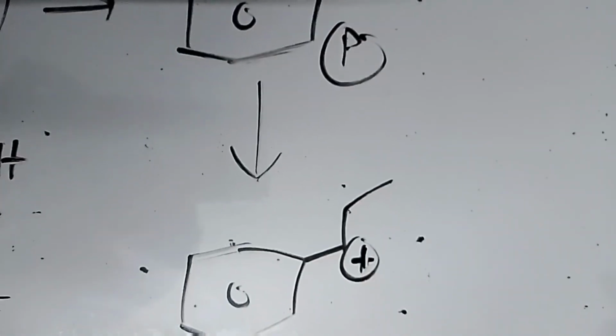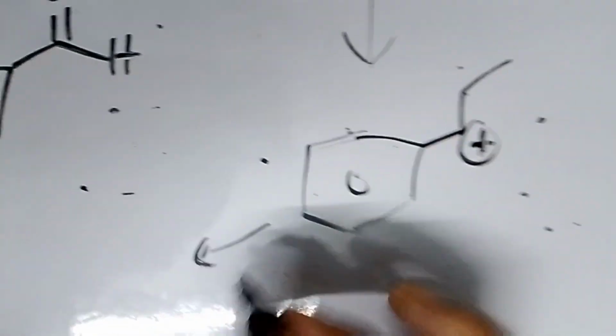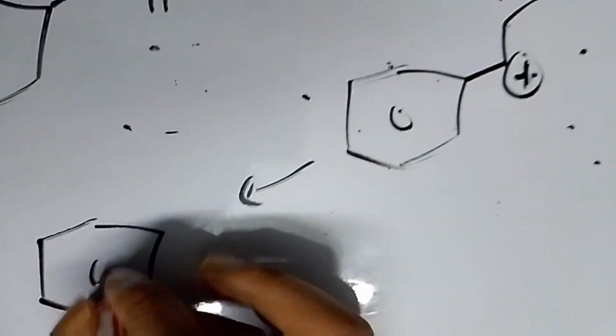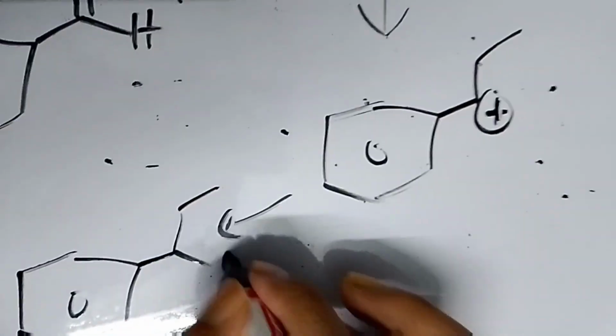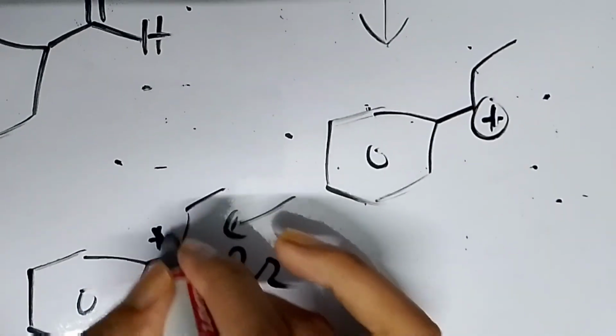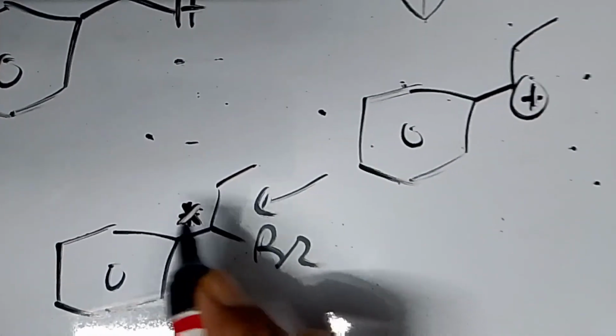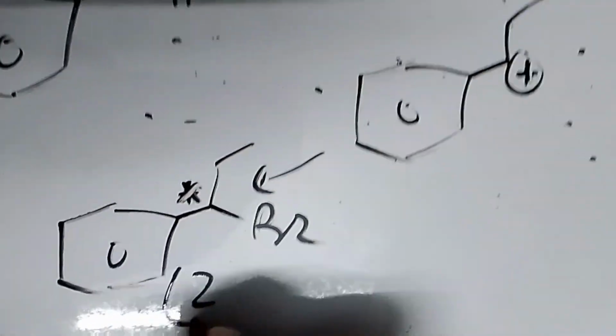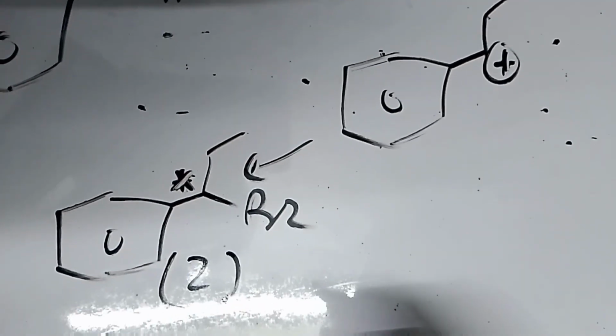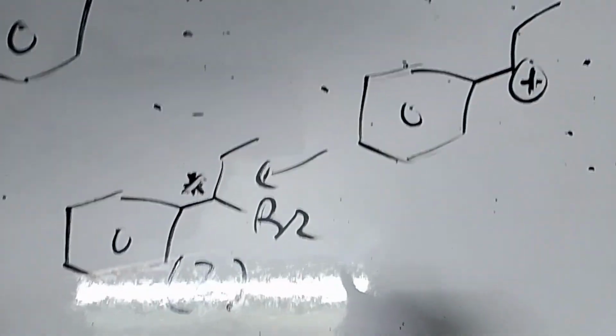This carbocation, when it reacts with Br minus, gives this compound, and as this is a chiral center, we get two products considering stereoisomers.